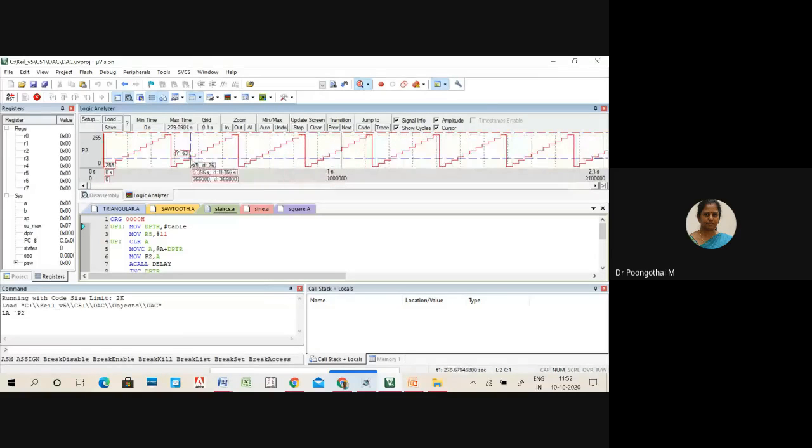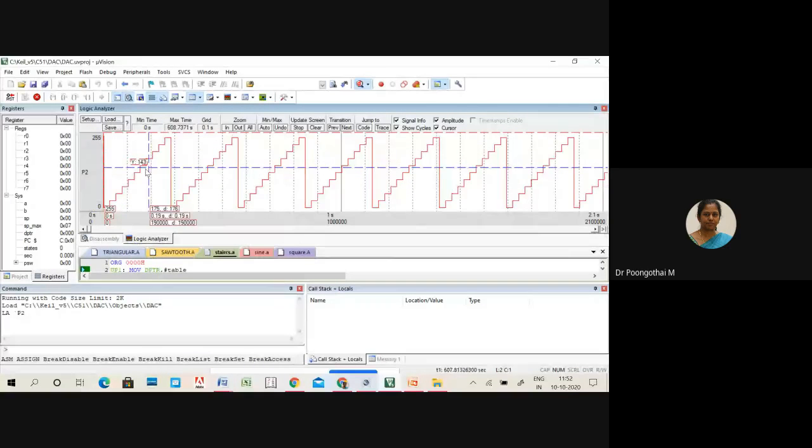So you can see the steps, 11 steps, 11 counts. So the 0 to 255 is divided into 11 steps. The values are between 0 to 255.